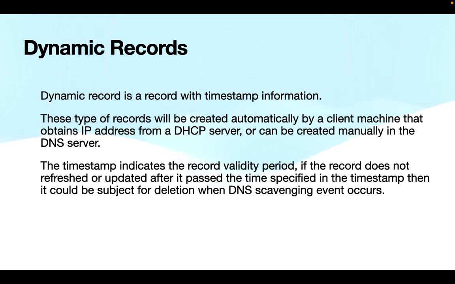The latest timestamp will be updated in the record property. These types of records will be created automatically when you add any machine into a domain. At that time that machine will get registered into DNS, and that record will be a dynamic record.